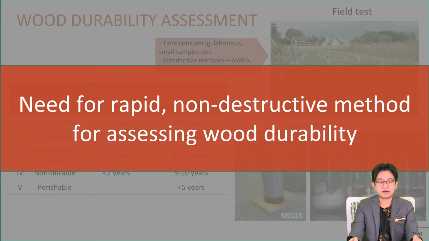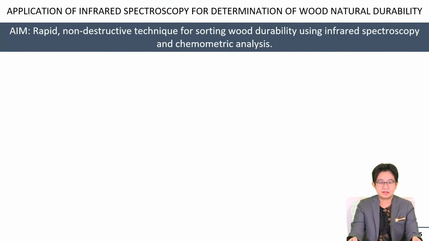Therefore, there is a need for a rapid and non-destructive method for assessing wood durability. The aim of our study is to produce a rapid and non-destructive technique for sorting a large number of wood samples using infrared spectroscopy combined with chemometric analysis.